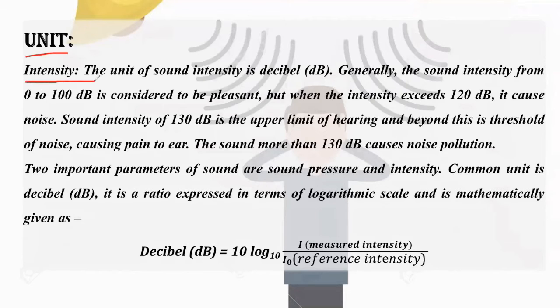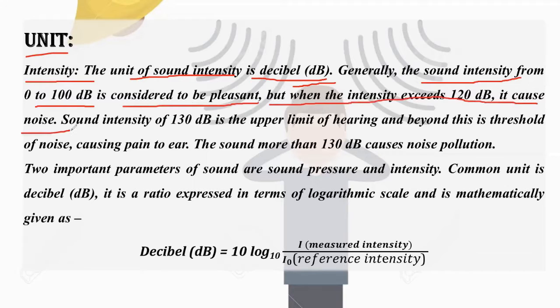The intensity of noise, or the noise intensity, or the sound intensity, is expressed in terms of decibel. With this we know very well that decibel is the unit of measurement of noise. Generally sound intensity from 0 to 100 decibel is considered to be pleasant. When it exceeds 120 dB, it causes noise. Now this is worth remembering.